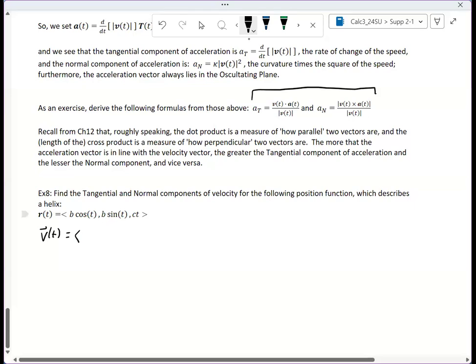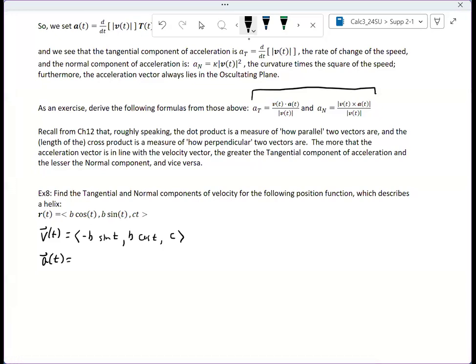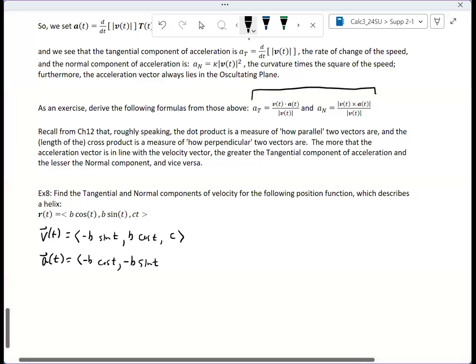My velocity vector: the derivative of b cos t is negative b sin t, the derivative of b sin t is b cos t, and the derivative of ct is just c. For my acceleration vector, I differentiate again and get negative b cos t, negative b sin t, and 0 for my third component.